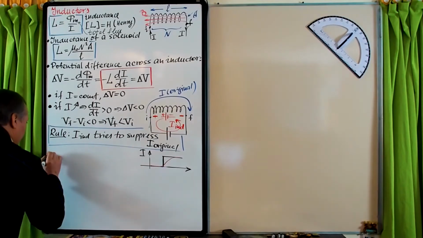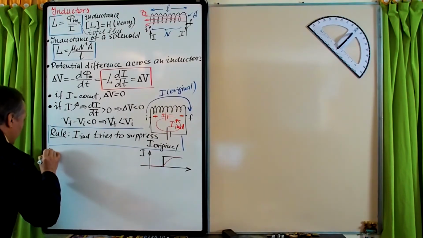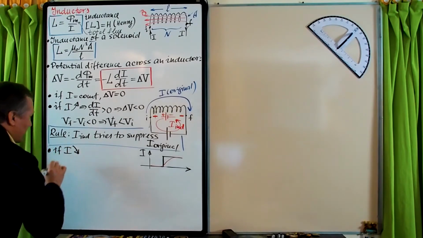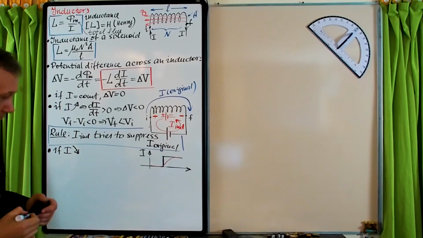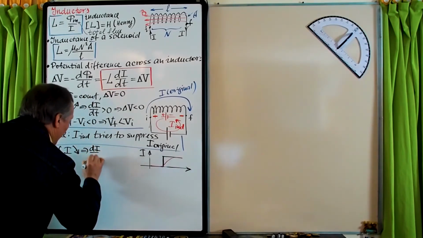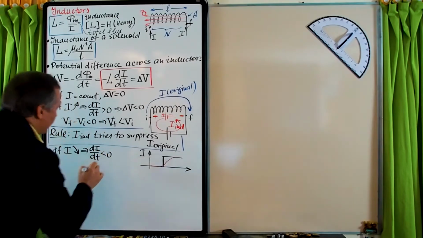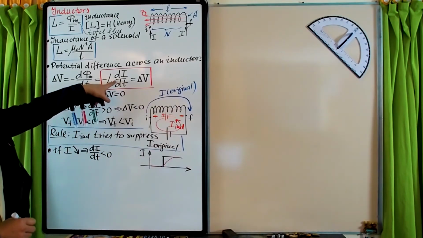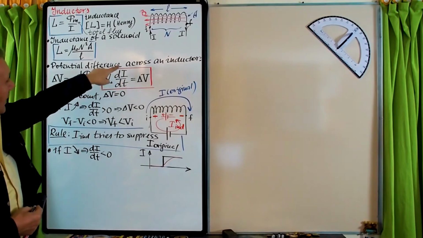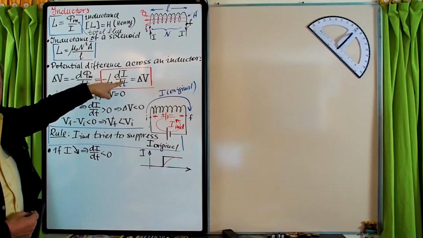So let me put a new bullet. So now, if current is going down, of course, in that case, di over dt is negative, right? So this derivative is negative. So minus here, minus from this derivative, rate of change of the current.